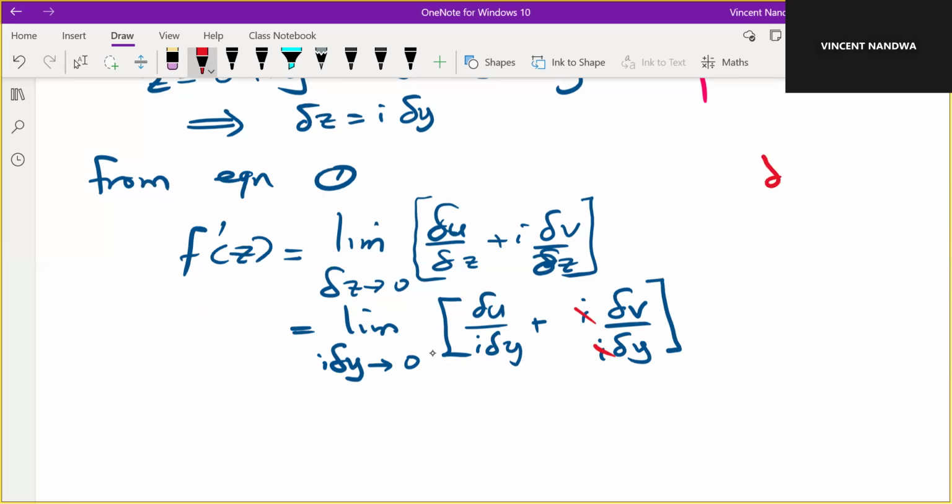But then what is the simplification of delta u over i delta y? If I don't want an i in the denominator, what should I do to that fraction?